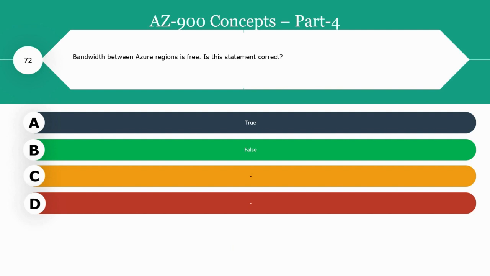Next one is, bandwidth between Azure regions is free. Is it a correct statement? We need to be very careful on the question. So it's a very generic statement. And here bandwidth is one of the cost factors that should be calculated when estimating cost for the entire Azure environment.